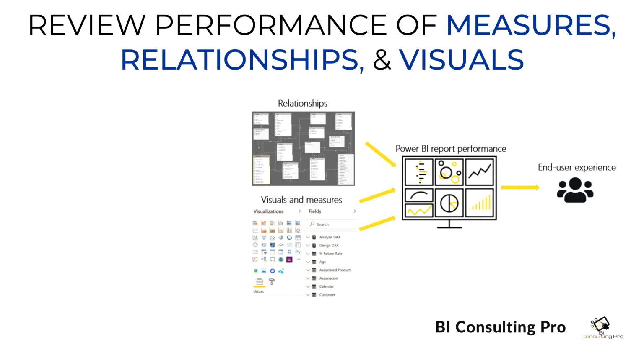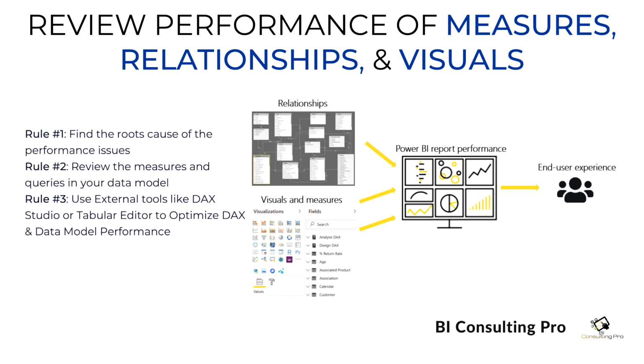As I mentioned earlier, where we have to do this performance tuning, we should always keep some things in mind. First of all, we should find the root cause of the problem. Whenever we experience poor performance in our data model, from where to start? That's always the biggest question.